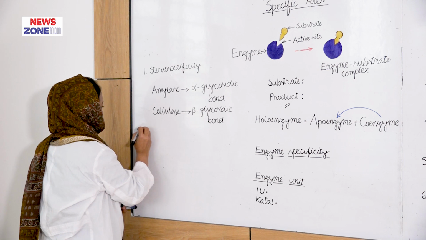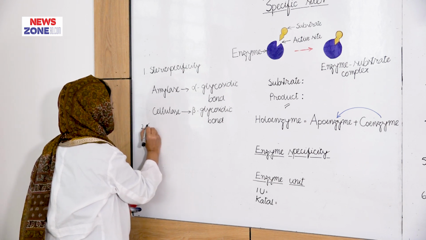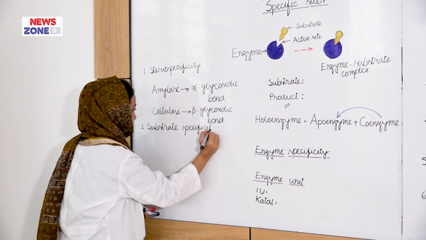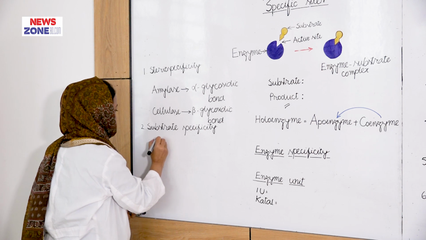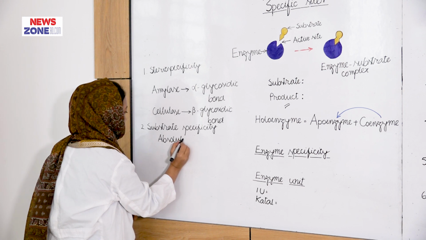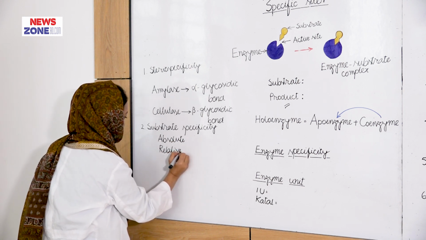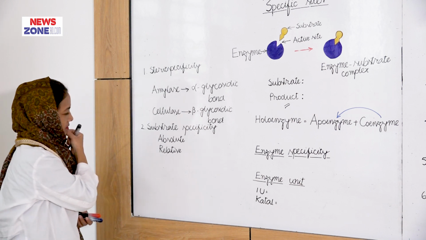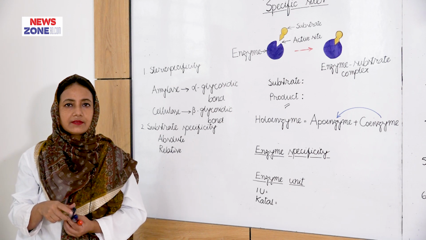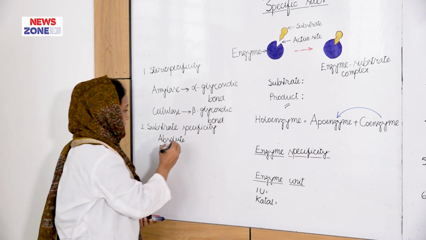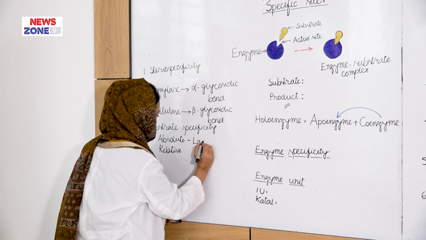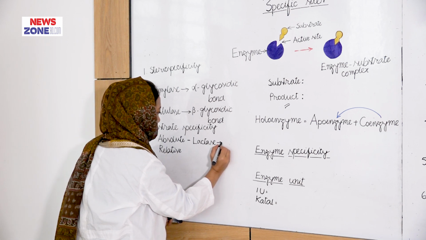The next one is the substrate specificity. It is of two types, absolute and relative. In absolute specificity, a particular enzyme catalyzes a particular substrate. For example, the enzyme lactase acts upon lactose.